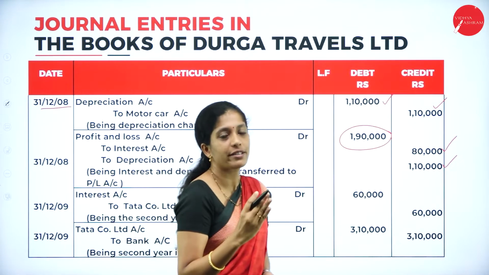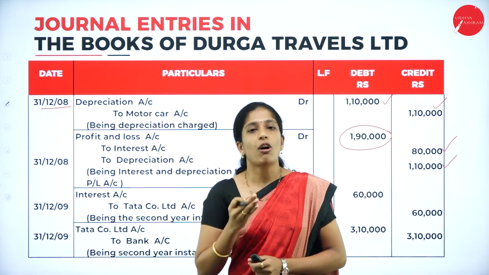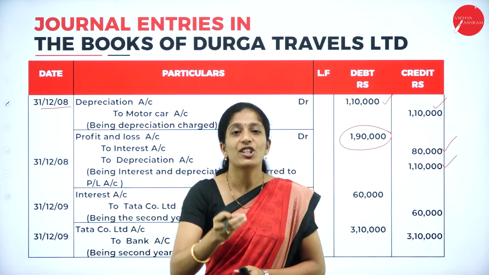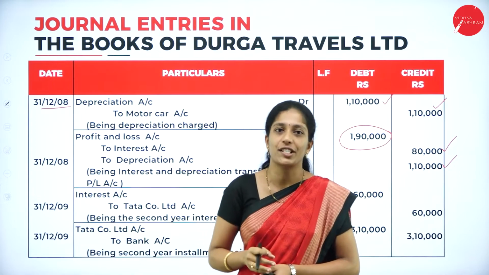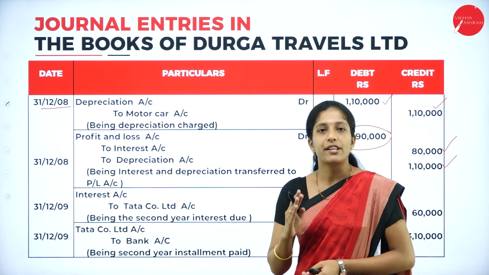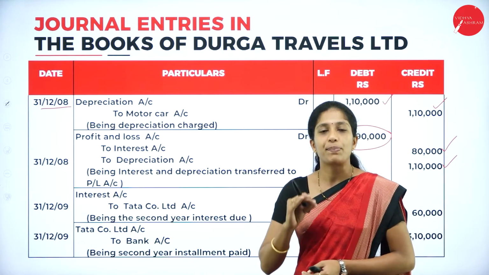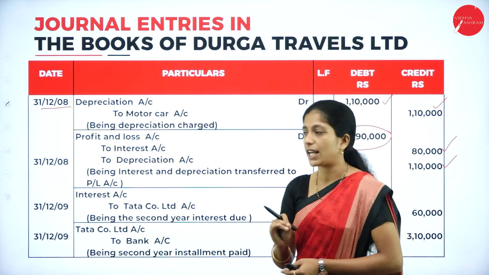Now we are done with the first year. So there are 4 installments, right? Now come to the second year. In the second year, we are not going to record the entry for purchase of asset as well as down payment. We shall start with interest due. So here we have to record 4 entries for interest due, installment paid, depreciation charge and transfer of interest and depreciation to profit and loss account.